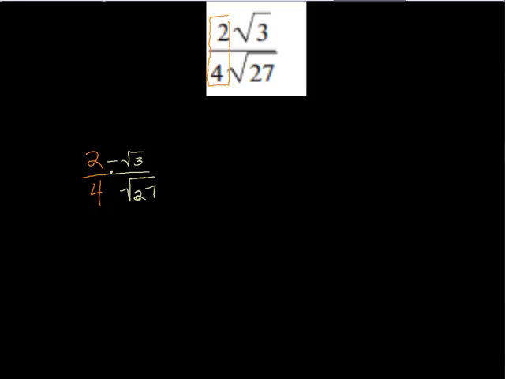If I multiply these two things back together, I get my same answer. Nothing happens. But when I partition it, I know that 2 over 4 is 1/2. So I have 1/2, and I simplified this.